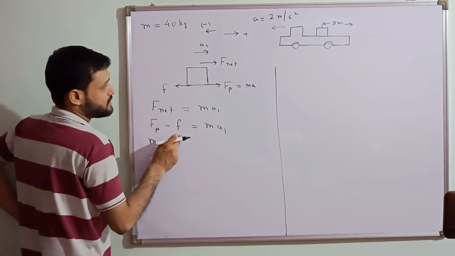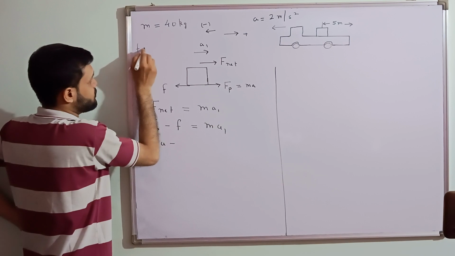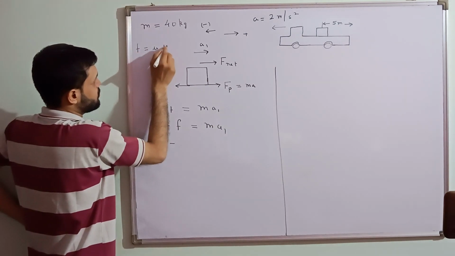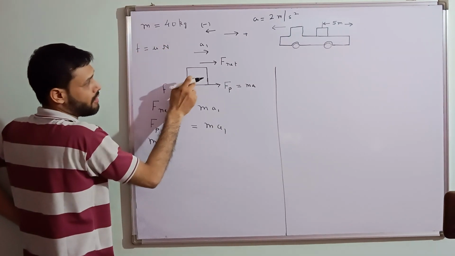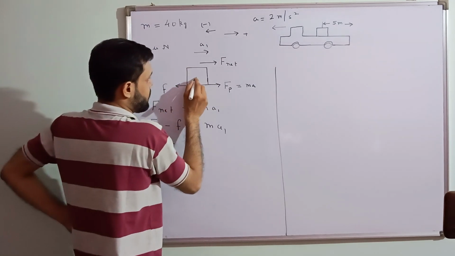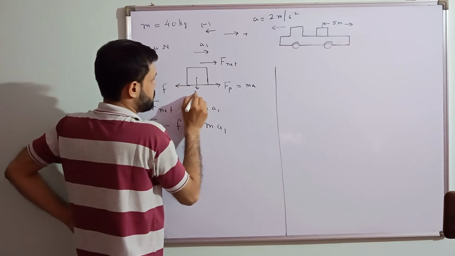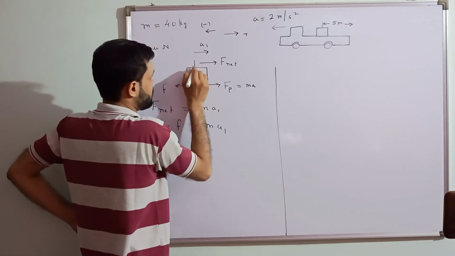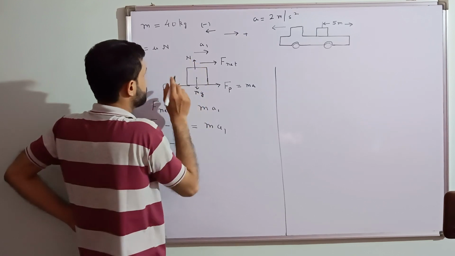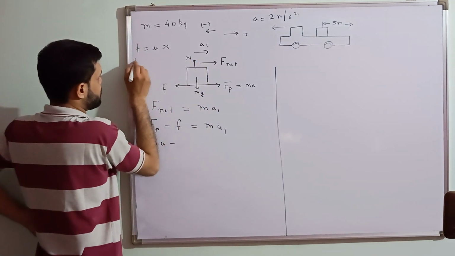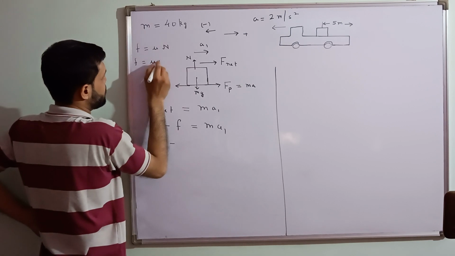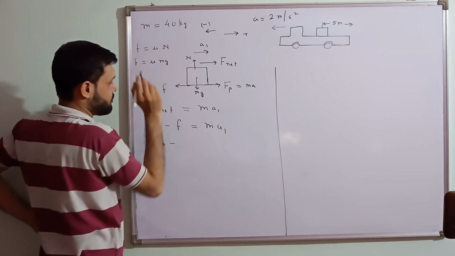And what is the value of friction? Friction is mu times normal reaction. You know this. What will be the normal reaction? This is mg over here, and this is the normal reaction on the top. So what will be the value of friction? Friction will become mu times, in place of N I can write mg.